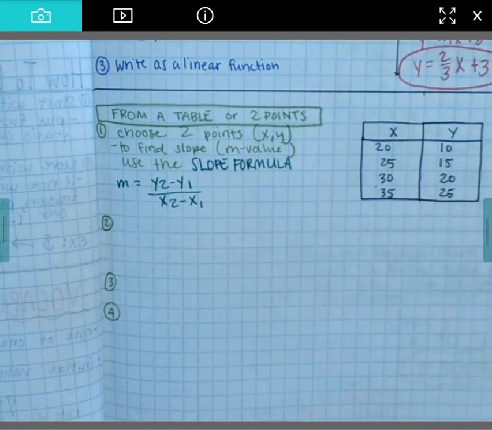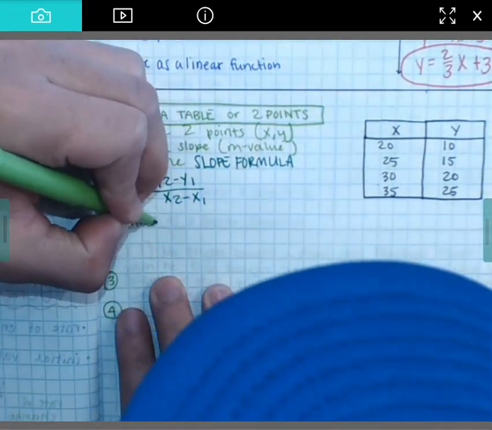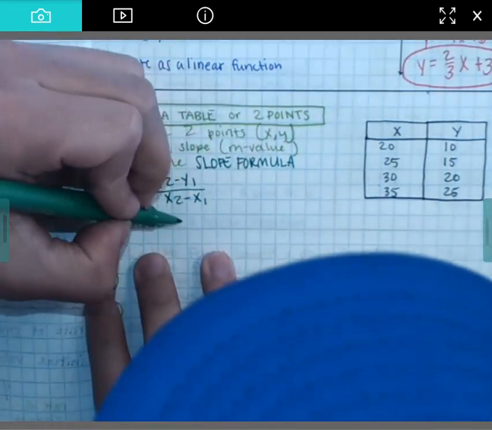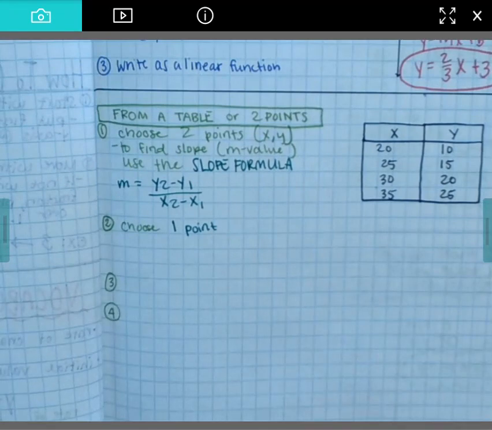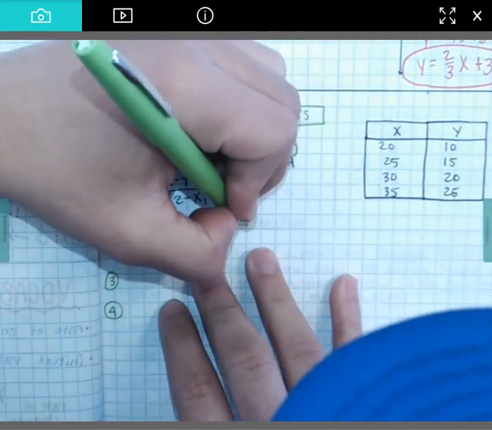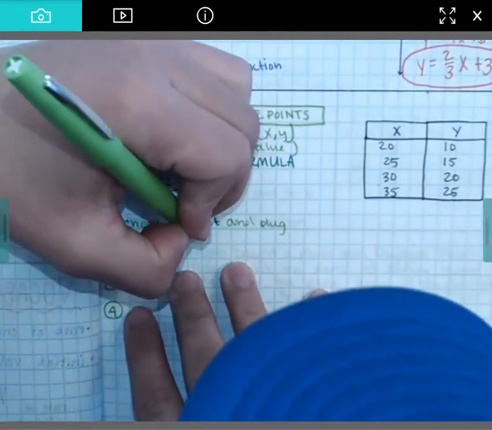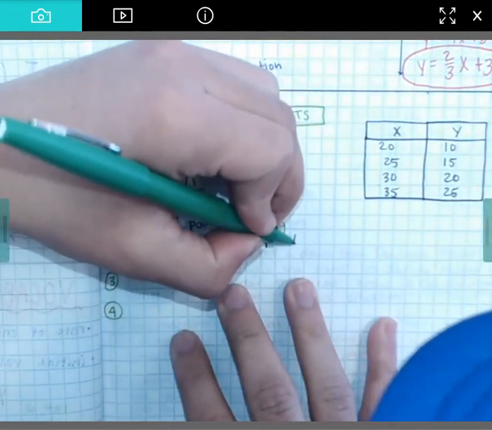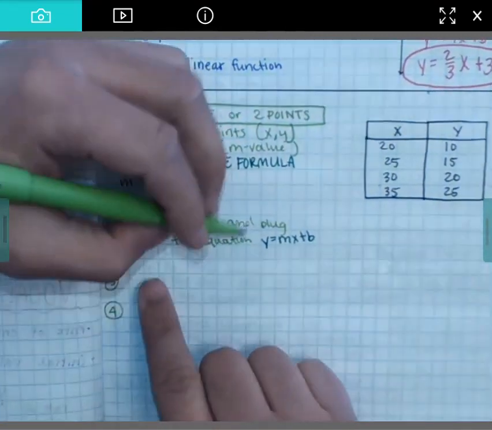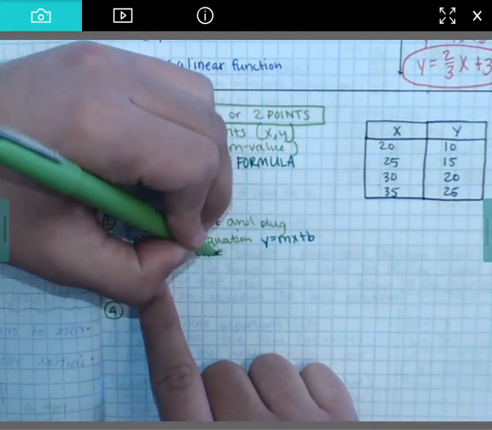So that's the first step: choose 2 points, and then we put them into the slope formula to find our slope. The next thing we have to do is choose 1 point, and we're going to plug that 1 point into the equation y equals mx plus b, with the m value we just solved for.